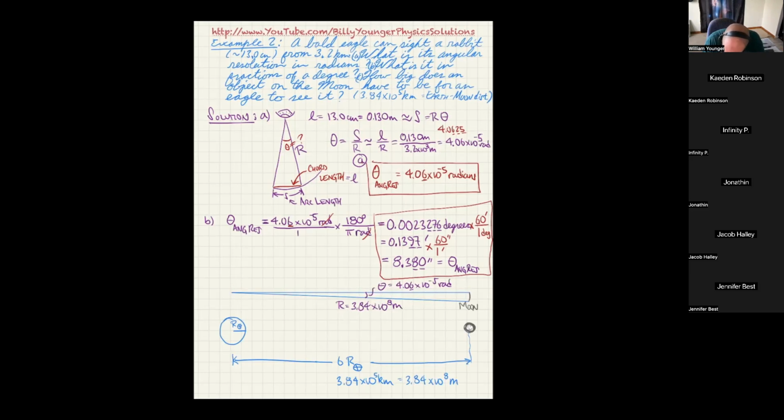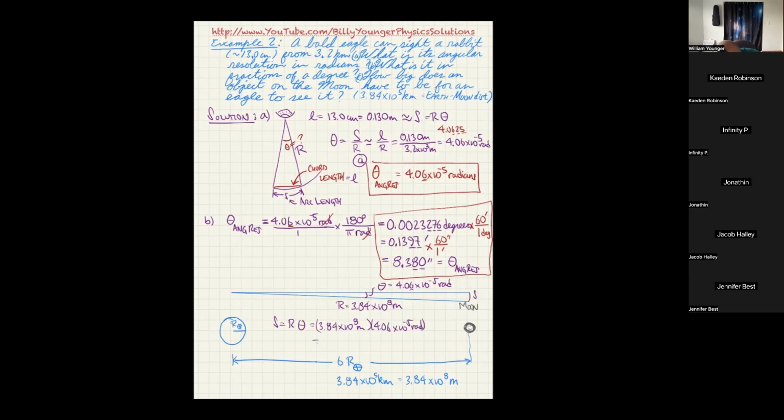So basically, I can figure out the arc length here, which is so close to the chord length that we can find it. So S is equal to R times theta. And in this case, it's 3.84 times 10 to the 8th meters times 4.06 times 10 to the negative fifth radians.